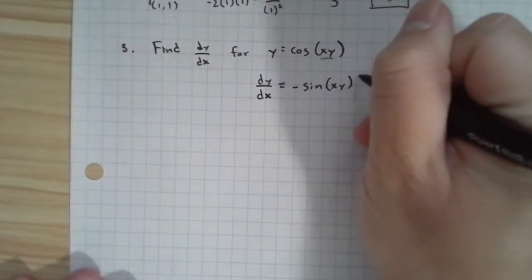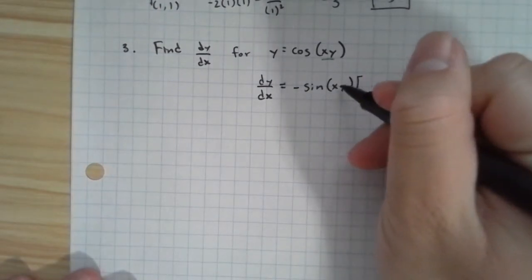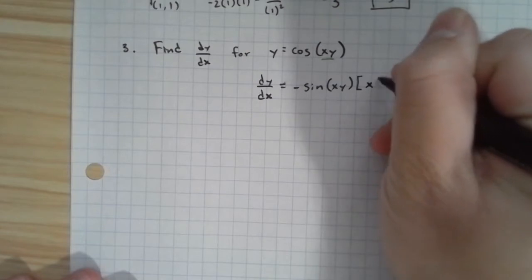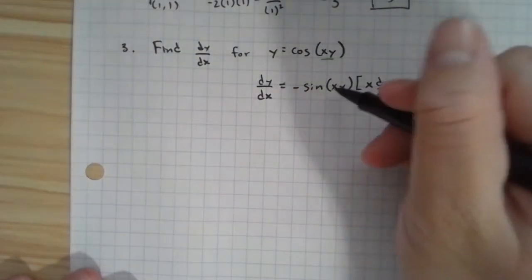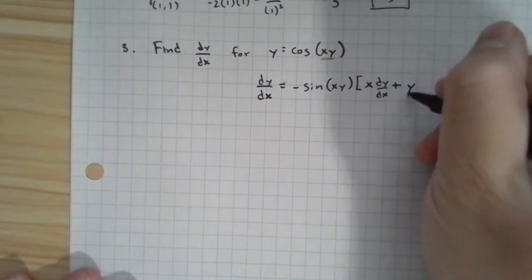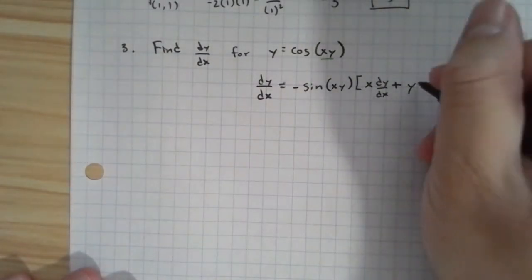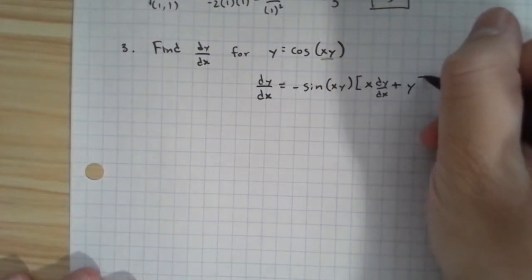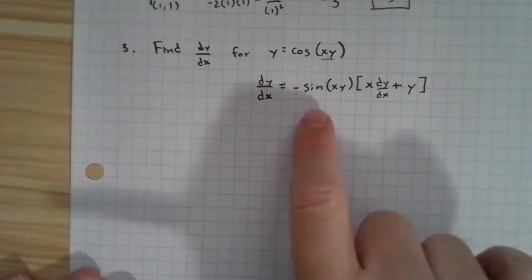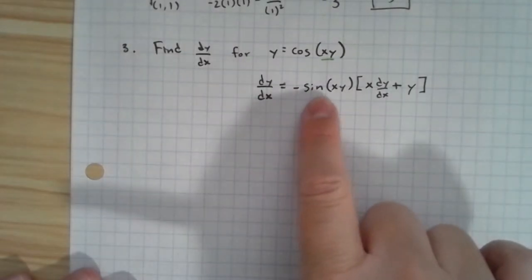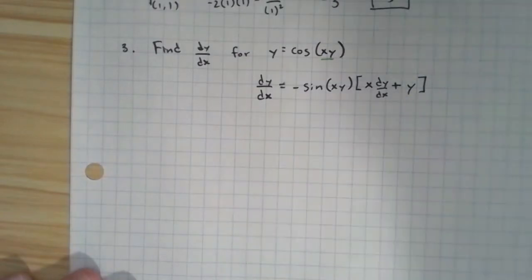So then the derivative of xy, right? I'm gonna take the derivative of y first. So x dy dx plus then the derivative of x, so that's just y. Close the bracket there. And it looks like from here I can distribute the negative sine xy into both terms.